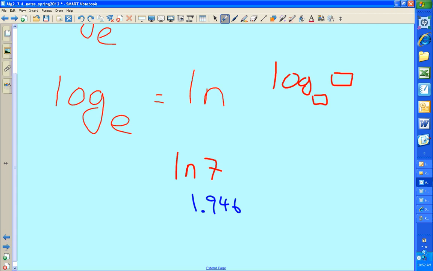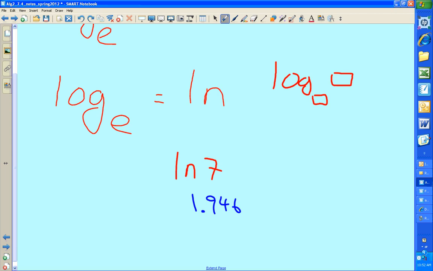Is there anyone who's not able to find the natural log button? Do you remember where e to the x was yesterday? Right next to e to the x in that menu is the natural log button.